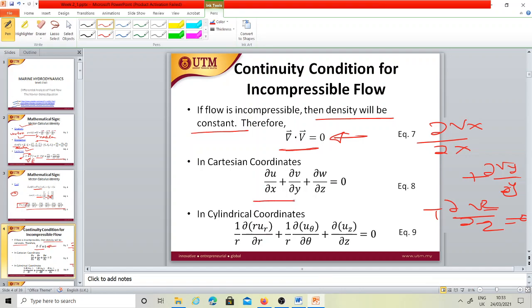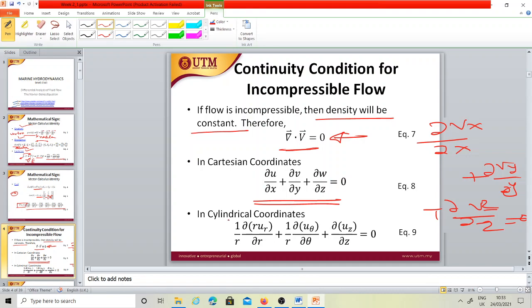Then the equation of continuity will also be satisfied in case of incompressible fluid. It means if the flow is continuous, there is no discontinuity. If you differentiate the velocity u in the x direction with respect to x, plus del v by del y and del w by del z, this is the equation of continuity, and this is also zero.